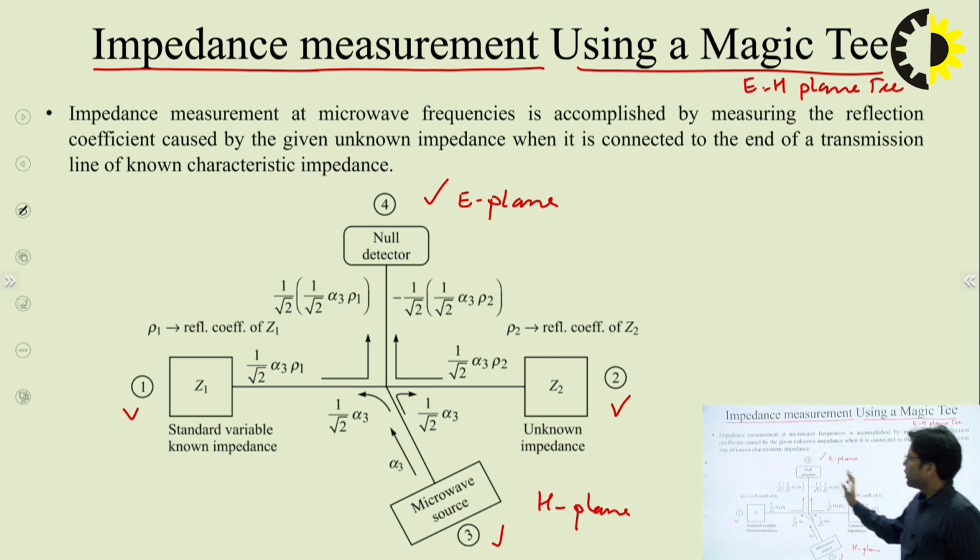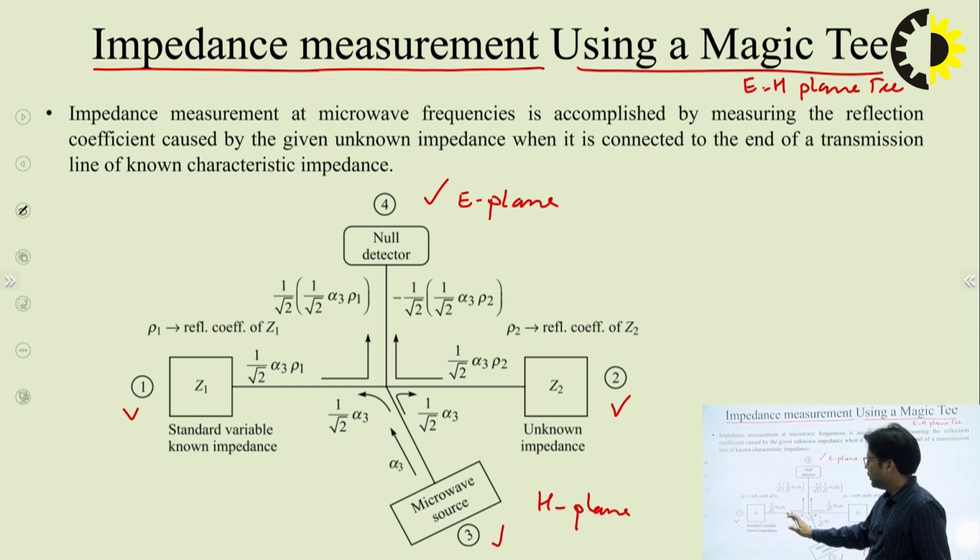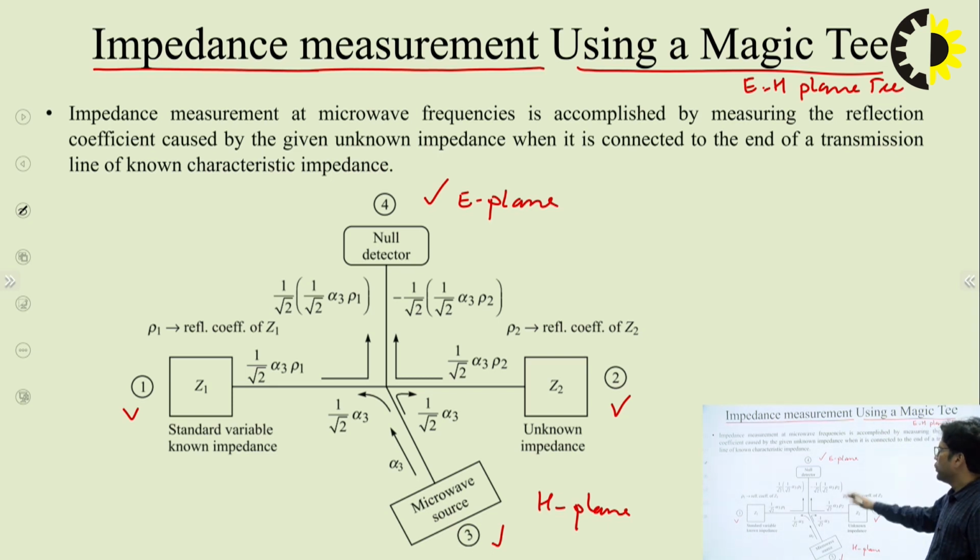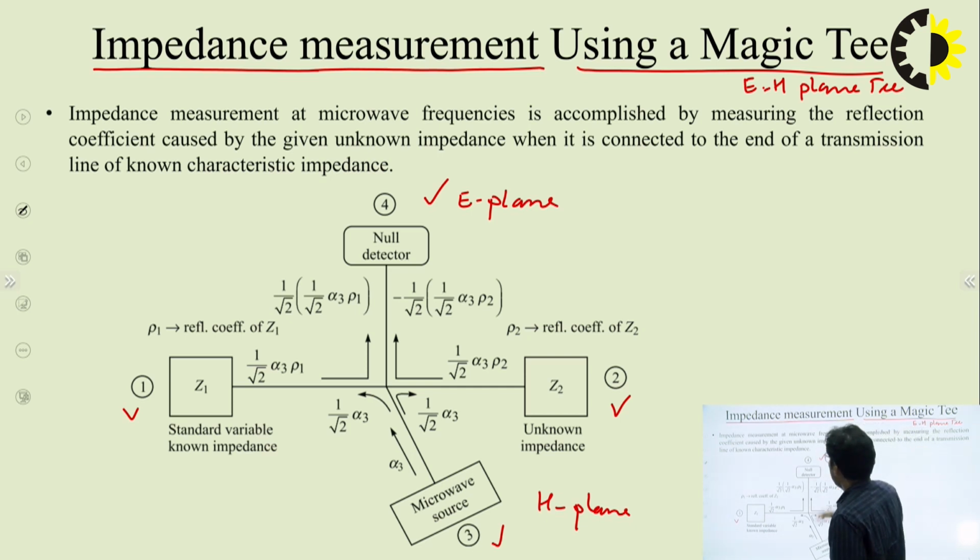At port number 1, we need to connect a standard variable known impedance, and the impedance that you want to know, that is the unknown impedance, needs to be connected at port number 2. A microwave source is connected at port number 3, while at port number 4 we need to connect a detector.